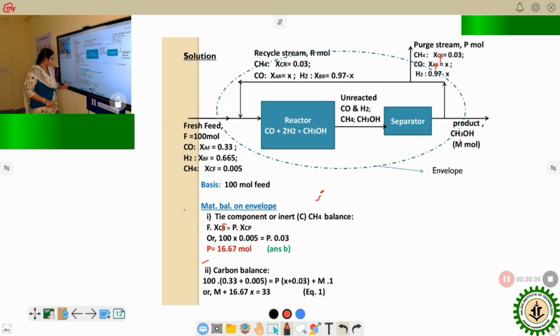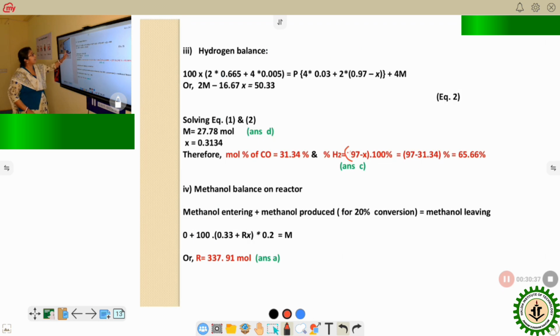that means in N moles of product, we are getting N into 4 total hydrogen on elementary basis. So here we are doing 100 into 2 into 0.665, that is coming from hydrogen, and 4 into 0.005, it is coming from methane. So on the left hand side, it is giving the total hydrogen on the basis of element hydrogen.